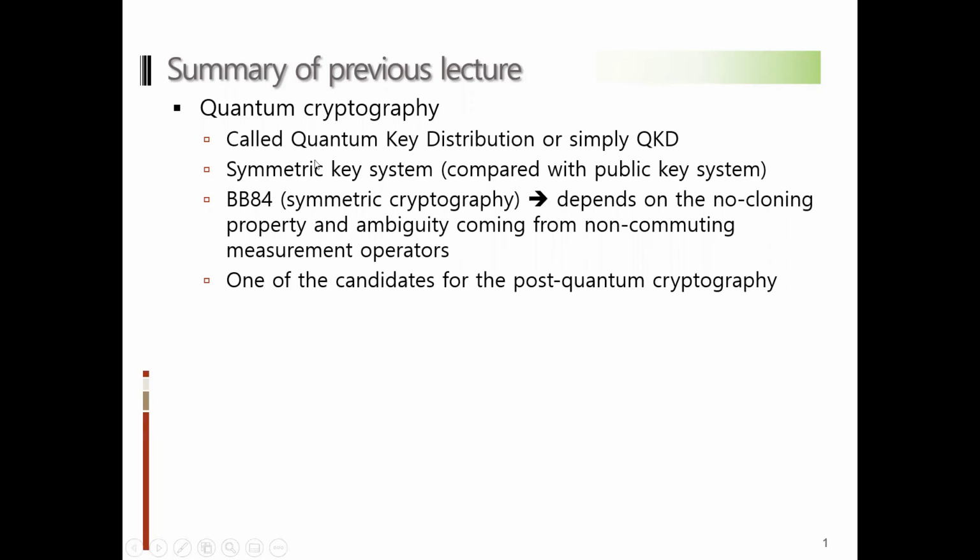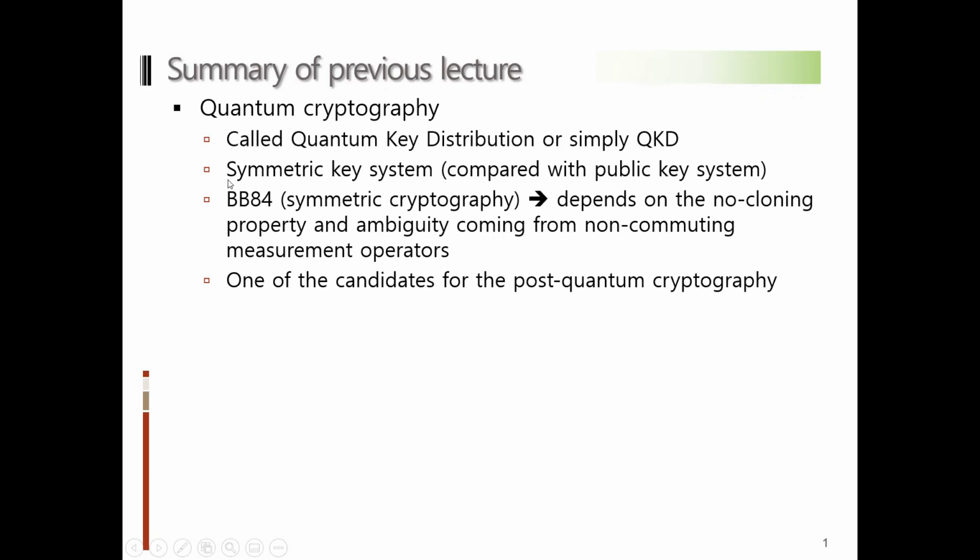And I mentioned that there are two types of cryptography system. One is called a public key system, which is frequently used nowadays. And another type of cryptography system is called a symmetric key system.